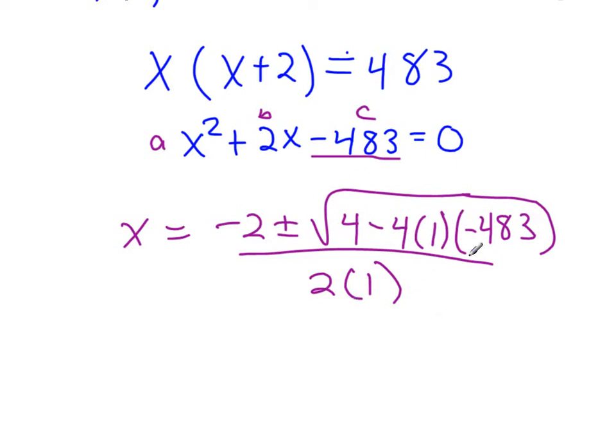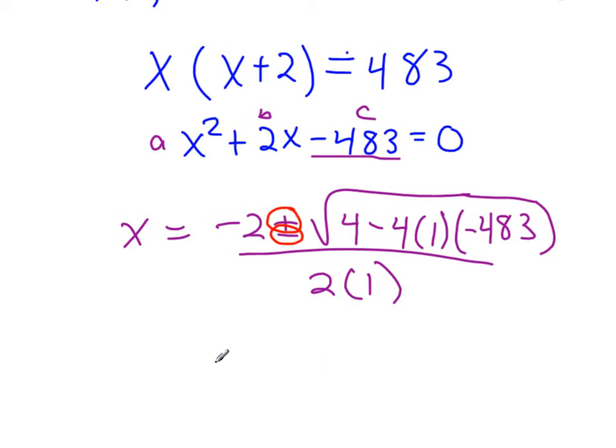Now once you plug this into the calculator, you should get two answers, one where you use the plus sign and one where you use the minus sign. So go ahead, plug it into your calculator. I'm going to do it right now too.